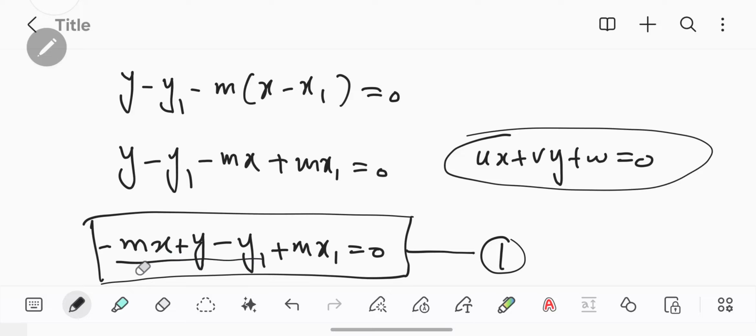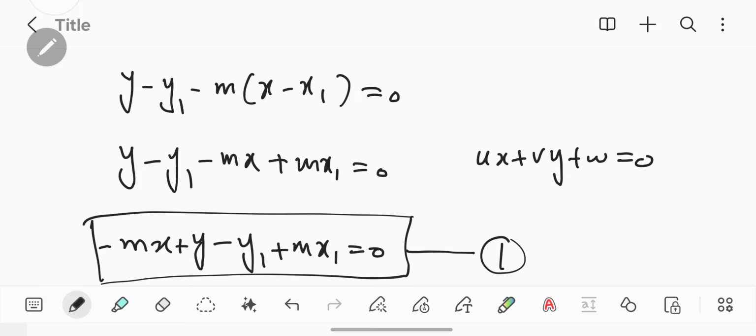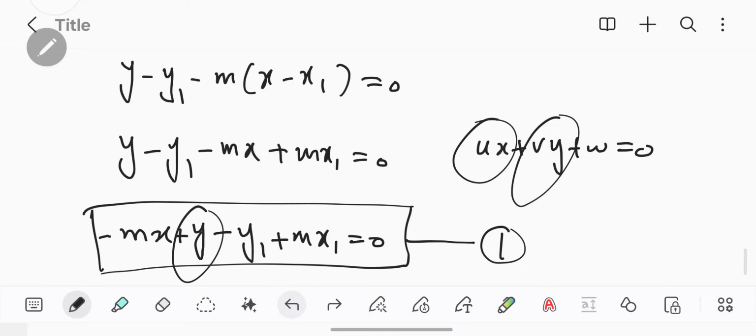Now this line and the general line have the same pattern. The first term involves x, the second term involves y, and the third term is a non-variable term, since there is no variable, they are constants.